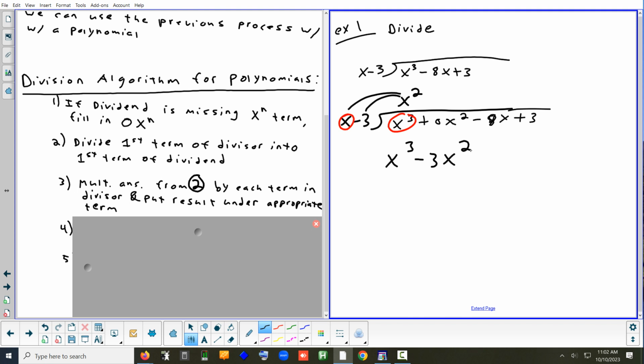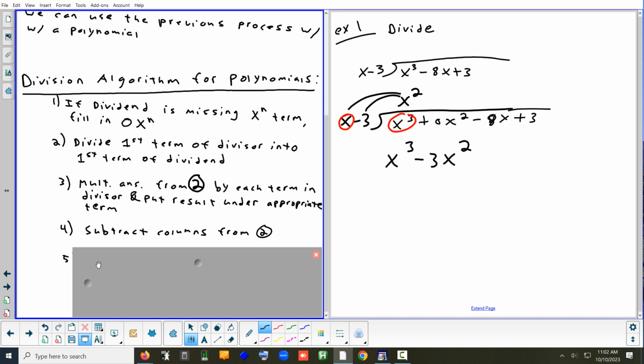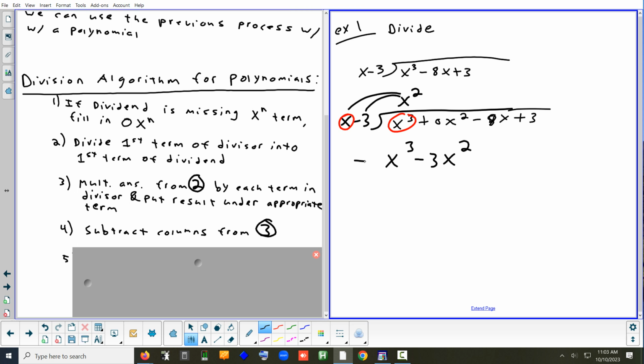That's the next step. Okay, now we're going to subtract. And that's subtracting the columns that we just did in step 3. The way I do that is I put a minus sign and I go like that. All right, let's subtract it. What do I get if I do x cubed minus x cubed? 0.